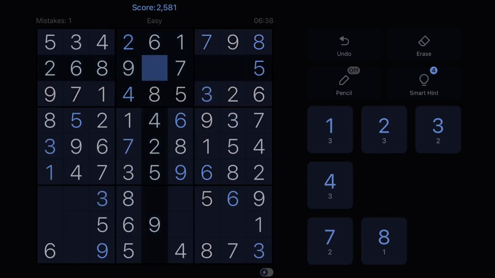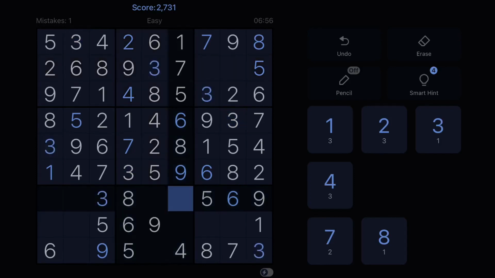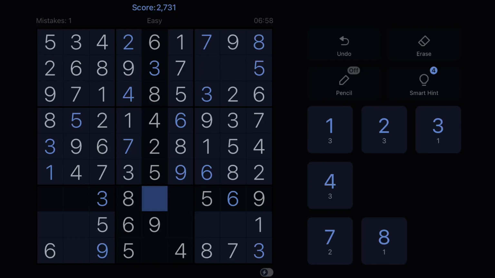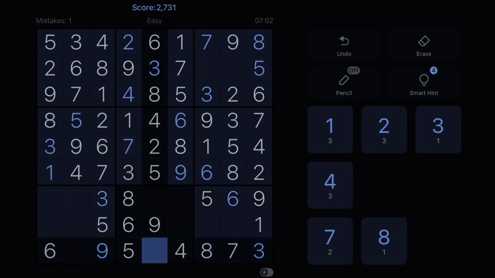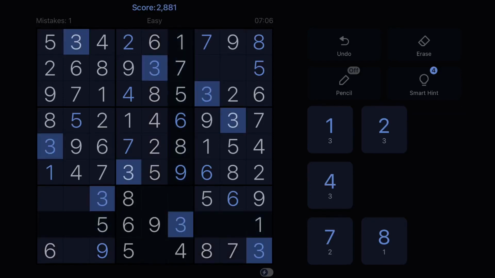This top square in the middle is missing a number, and that's our 3. And the bottom square in the middle is missing a 3 also. It cannot be here or here because there's one to the left. It cannot be here because there's one to the right. So our 3 is here, and that's our last 3.